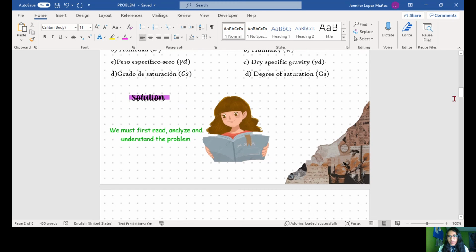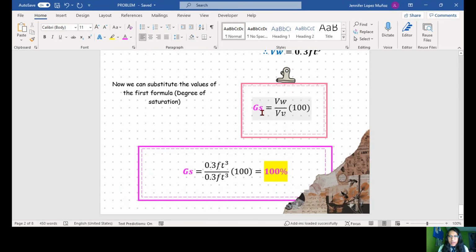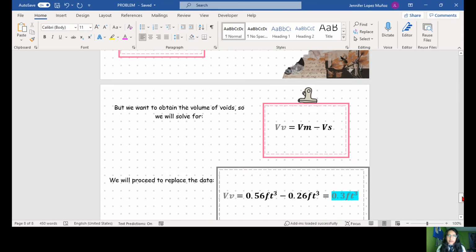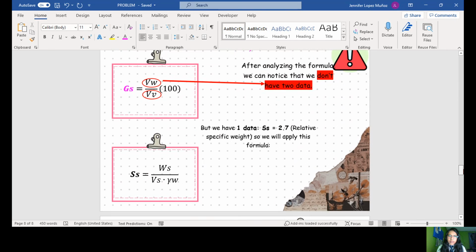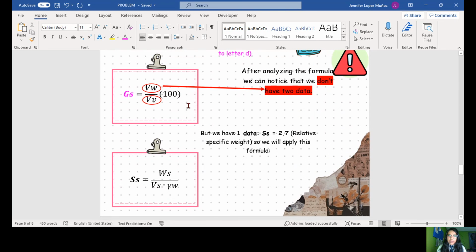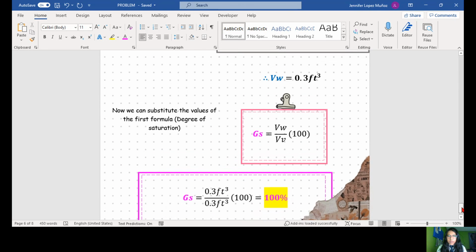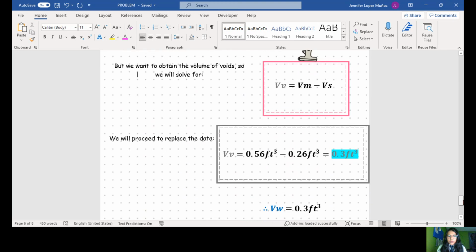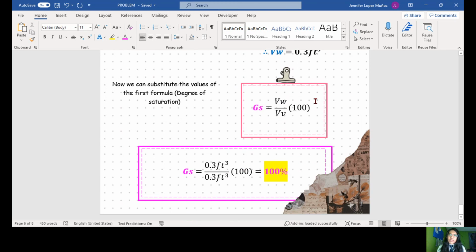Degree of saturation. This is the first formula, to replace the two data.